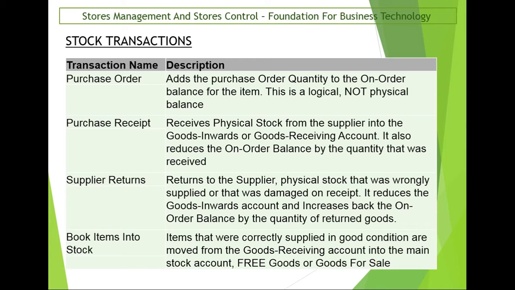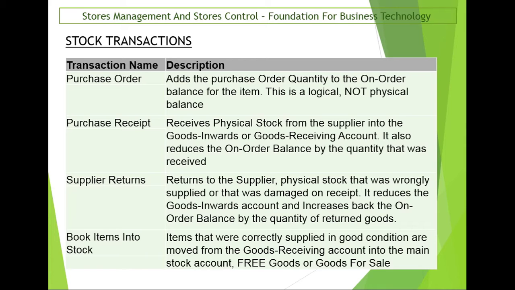When the supplier now delivers the items that we have purchased, the purchase receipt transaction receives physical stock from the supplier into the goods inwards or goods receiving account. Physically, that stock is now in our stores, but we put it in a logical account that we call goods receiving or goods inwards, so that it describes that this item is still coming inside the stores.